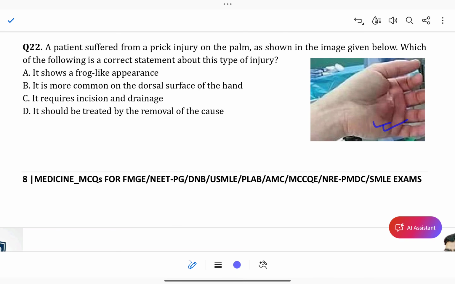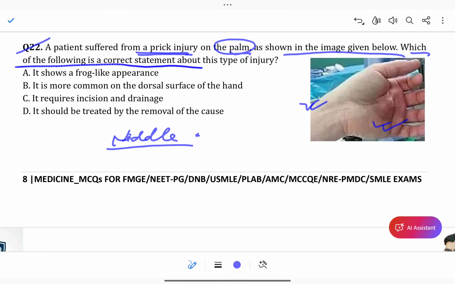Question 22. First of all, see the image. A patient suffered a prick injury, like a needle, on the palm, as shown in the image. Which of the following is a correct statement about this type of injury? It shows a frog-like appearance?